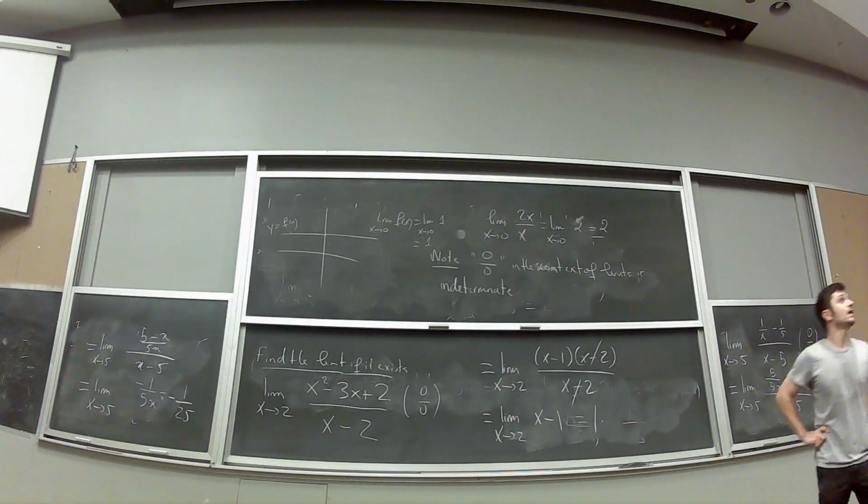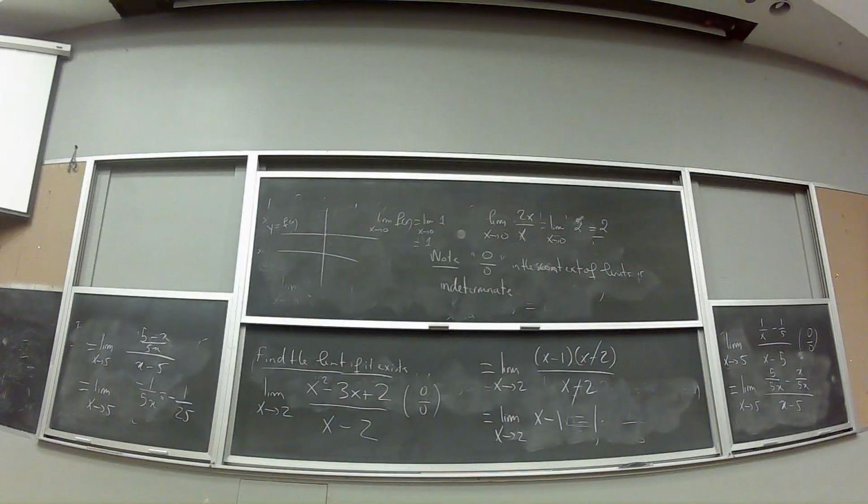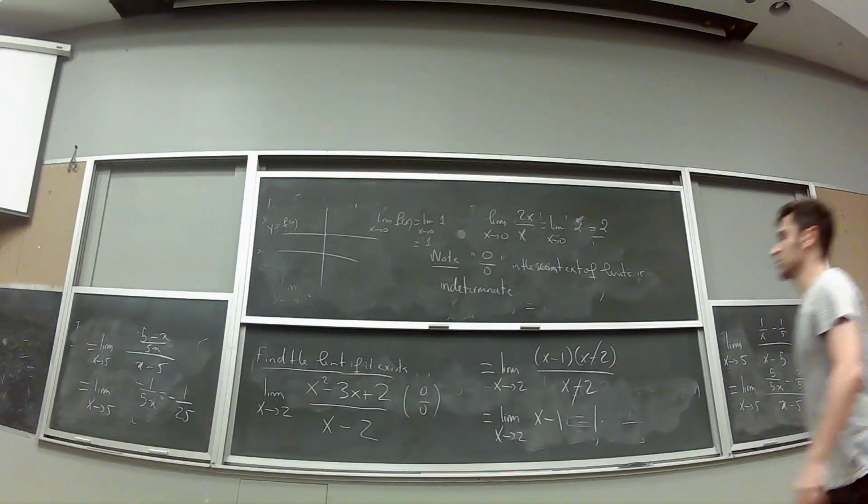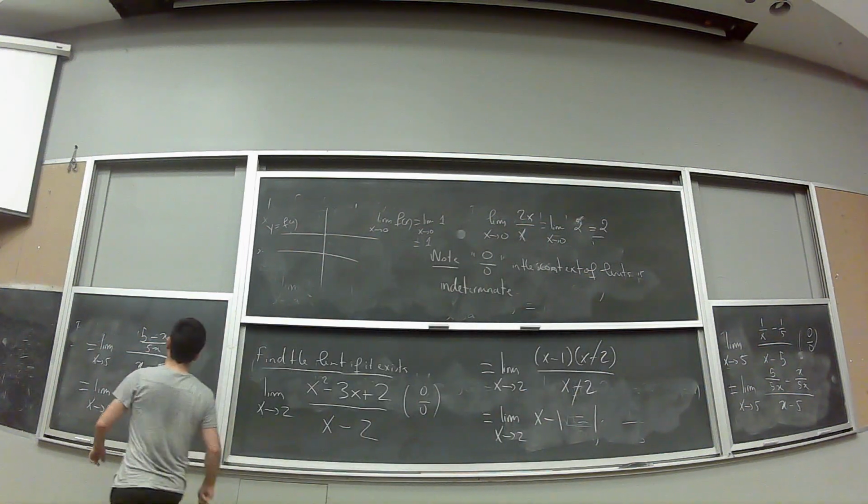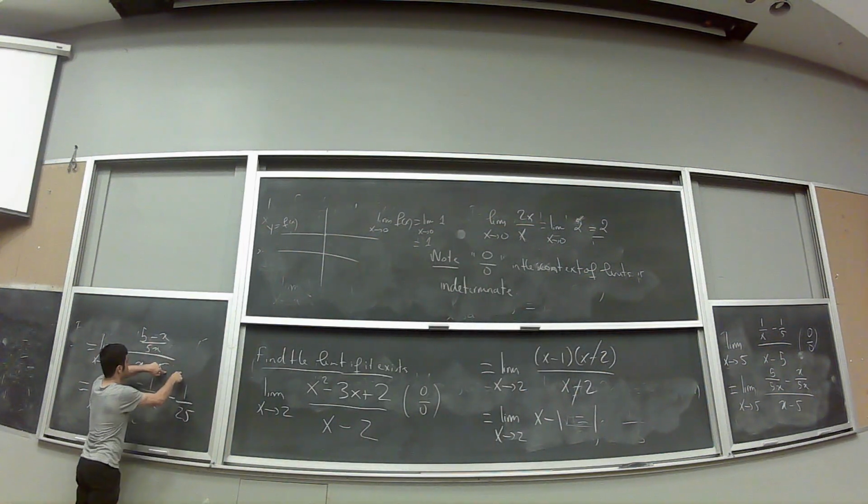Yeah? Okay. Yeah? If you multiply the top and the bottom by x plus 5, so you want to multiply here by x plus 5? Okay, and then what do you do?